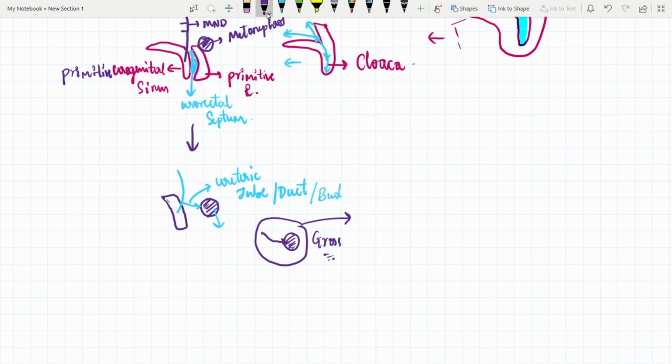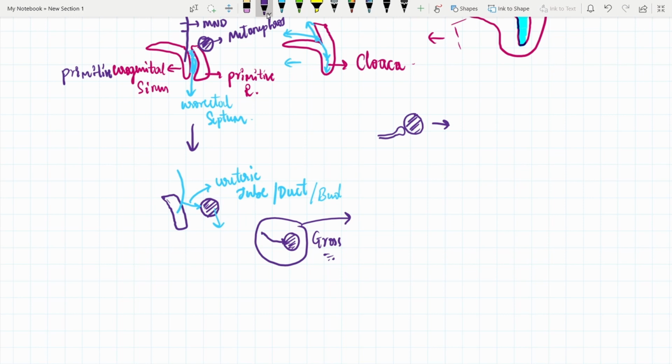Now comes the actual development of kidney, right? So the ureteric bud develops towards the metanephros. Simple. The metanephros, which is a mesoderm, when it comes in contact with this ureteric bud, suppose this is ureteric bud and this is metanephros, it forms a cap-like structure, right?